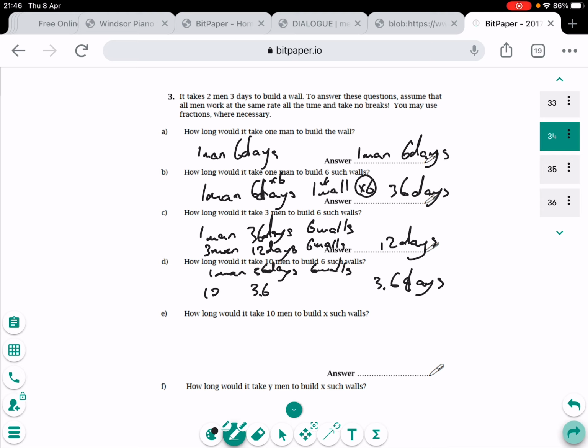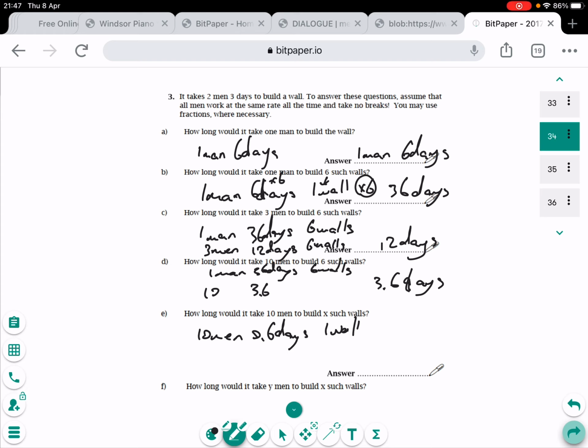So for example, if you take an X number of walls, if you take 1 man, it takes 6 days for you to build 1 wall, right? So therefore, if you have 10 men, you basically divide that by 10. So 10 men, 0.6 days to build 1 wall.